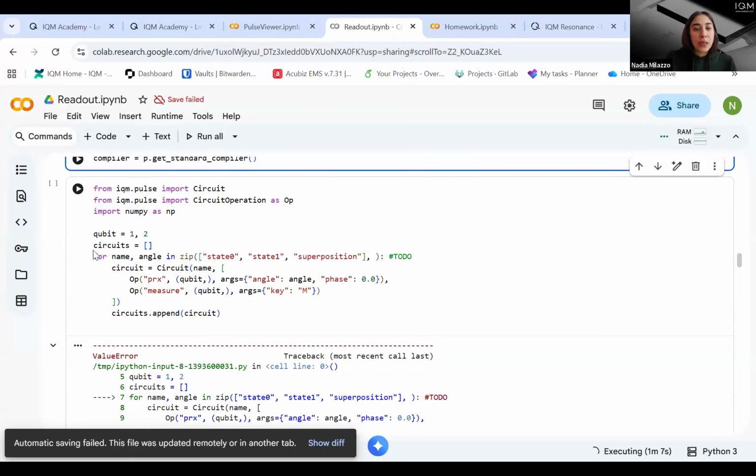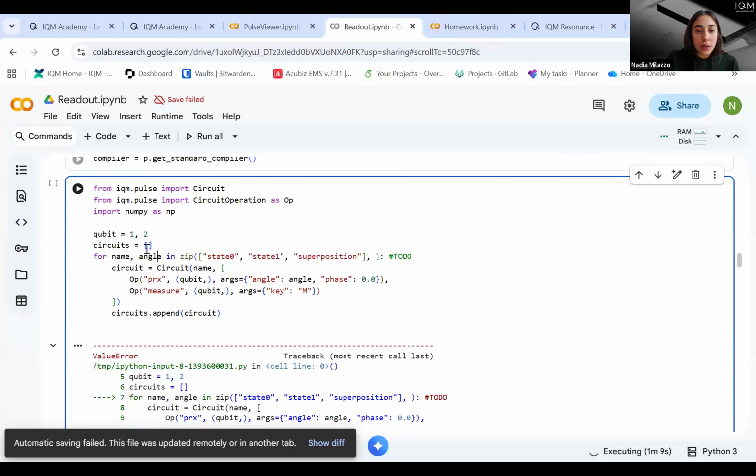Okay, so you can see here we are initializing an empty list of circuits, and then we are calling this preparation state 0, state 1, and superposition, which is quite self-explanatory. Here what we need to do is to insert a list of angles that will give us the correct preparation.